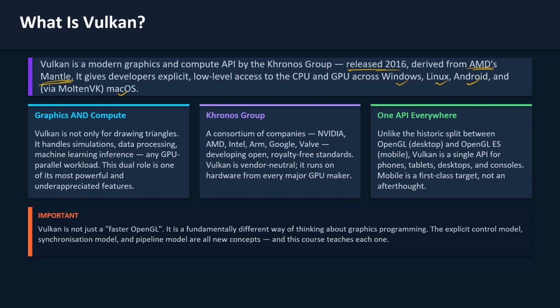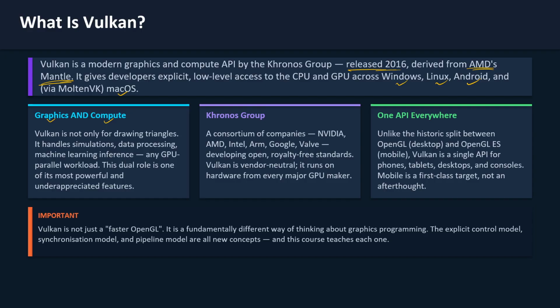And we know that for macOS we have the Metal API, but the Metal API cannot work on all these operating systems like Android, the different Linux versions, or Windows. So I would say it's a very powerful API. Vulkan comes with graphics and compute. I already mentioned to you what exactly compute is. And who are the creators?